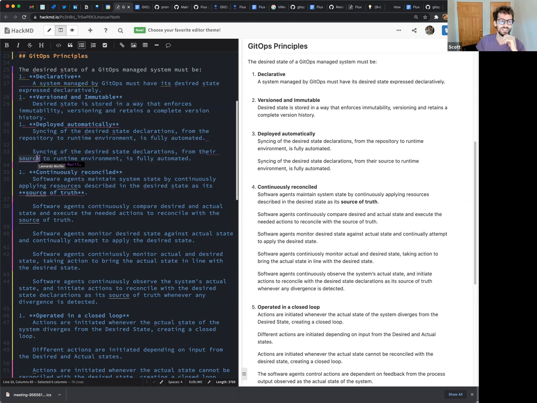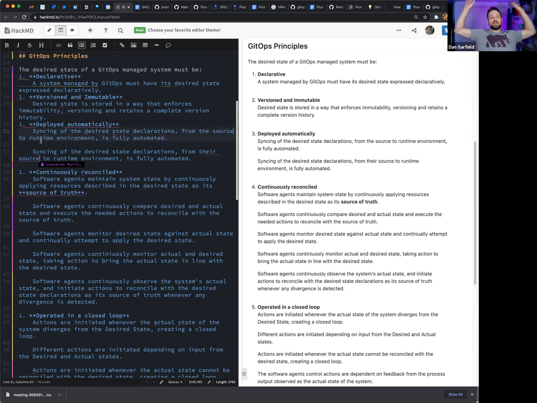Can we use it everywhere? I don't think we can use it everywhere, but from their source to runtime environment, I think that works completely, because source here is used very generically, and it doesn't make any opinion about the source, which is stored in principle too. That's true. Yeah, I like that. That's really perfect. I think you're right.